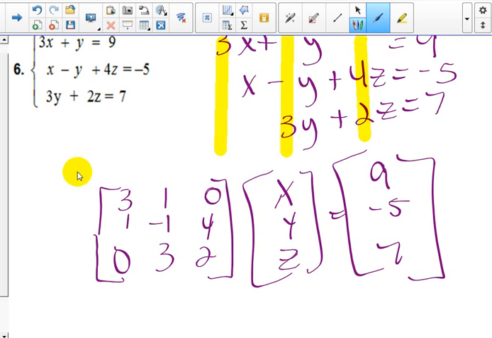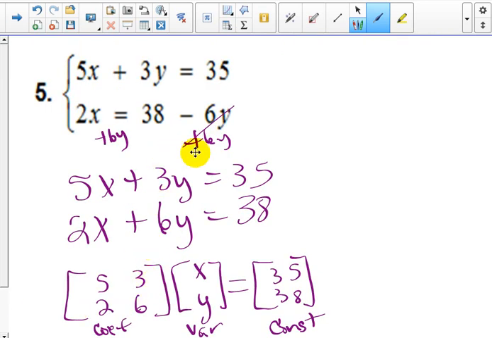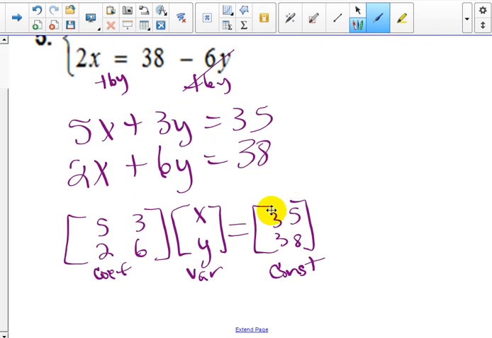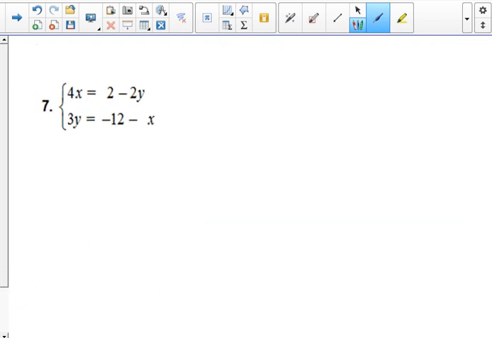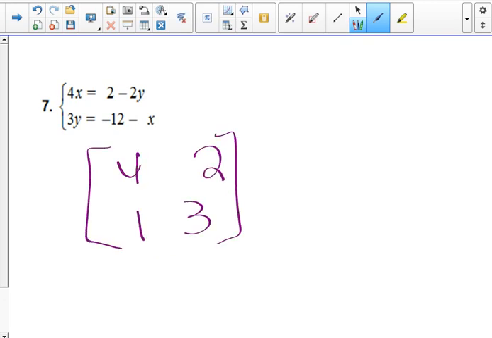All right, so for number 5, it was 5, 3, 2, 6 for your coefficient, x and y for your variable, and 35, 38 for your constant. Then for 6, you've got 3, 1, 0, 1, -1, 4, 0, 3, 2 for the coefficient matrix. Next, variable matrix, X, Y, Z. Constant matrix, 9, -5, 7. Number 7, you're going to have 4, 2, 1, 3 as your coefficient matrix.